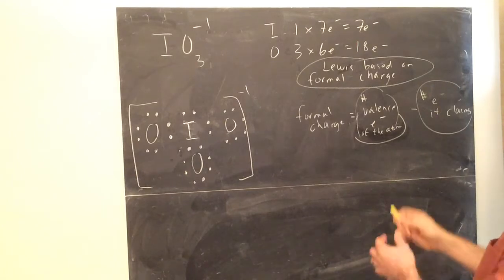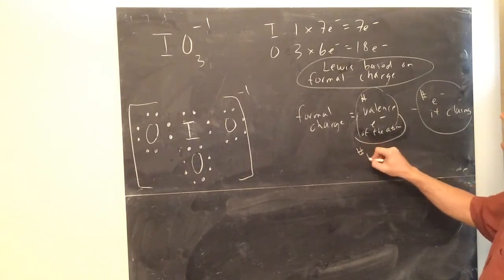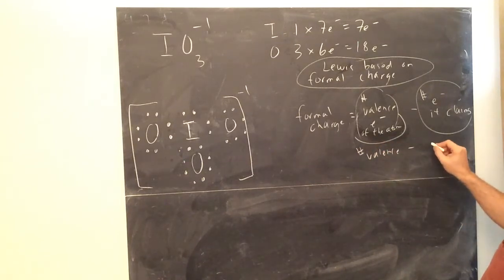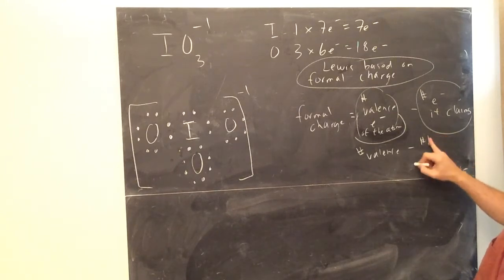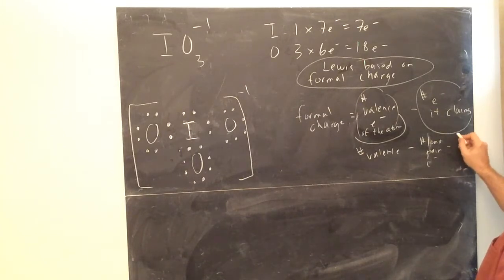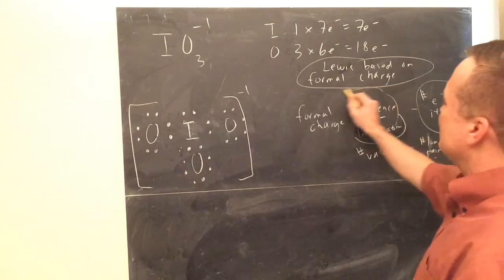Another way to say it is number of valence electrons minus the number of lone pair electrons and minus half the bonding electrons. This is the formula that I go by.